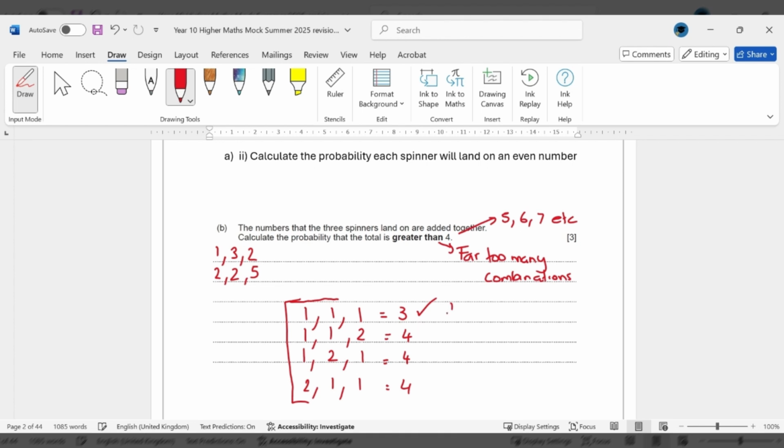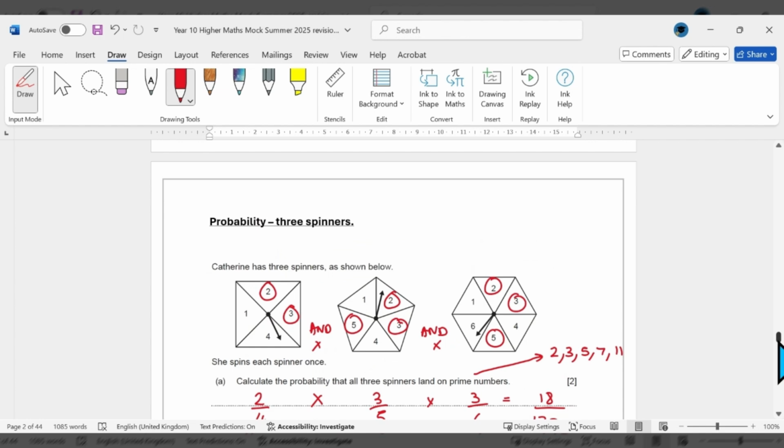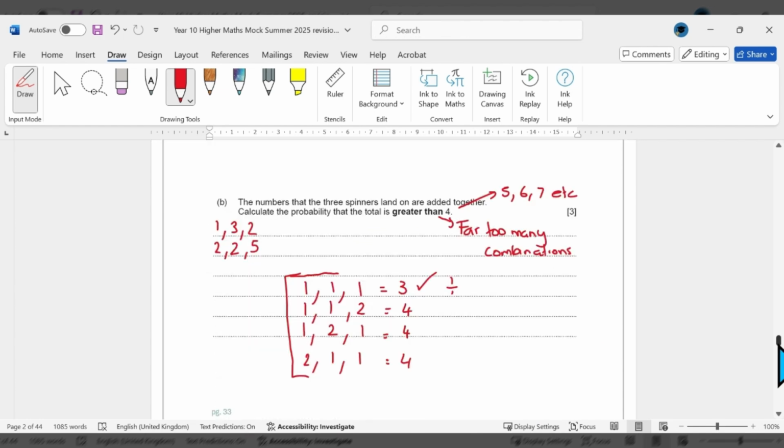So this combination would be 1 out of, I can't remember how many things were on the first spinner. On the first spinner there were 4, 5, 6. That's lovely. Let's just go with that. So this would be 1 out of 4 times 1 out of 5 times 1 out of 6, which is 1 out of 120.